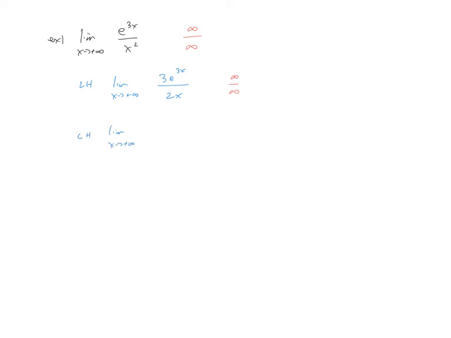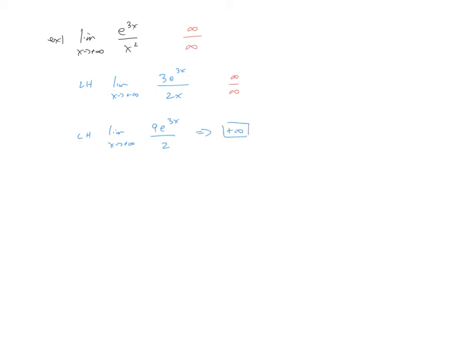So we'll essentially do the same thing now to this numerator and this denominator. From here, our derivative would be a 9 e to the 3x, and in the denominator we would just have a 2. Now, when you reevaluate it at positive infinity, you're going to get a positive infinity on top with a 2 on bottom, which means that this whole thing now trends off to positive infinity.